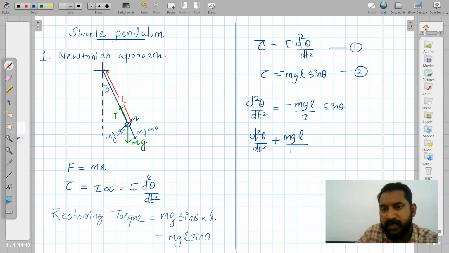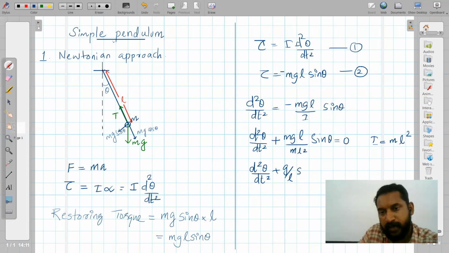Or I can write it in a compact form: d square theta by dt square plus mgL divided by I sine theta equals 0. What is I? For a point mass attached to a massless string of length L, since it is at a distance L from the axis, the moment of inertia is mL square. So this is simply d square theta by dt square plus g by L sine theta equals 0.